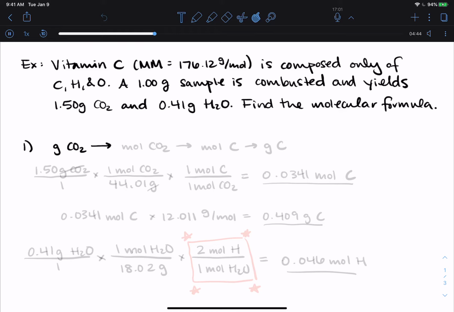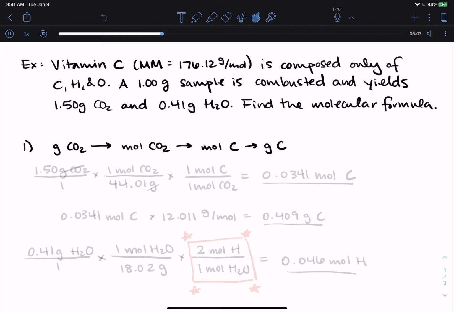We know a way to get this to moles of carbon dioxide. And if we know moles of carbon dioxide, we can actually get moles of carbon because we know how much carbon is in carbon dioxide. And then we can also get grams of carbon if we know moles of carbon.